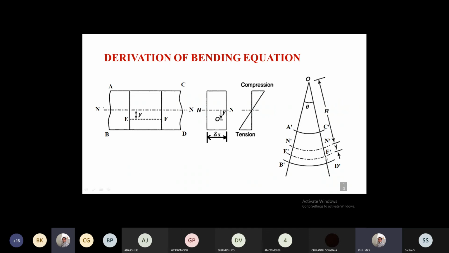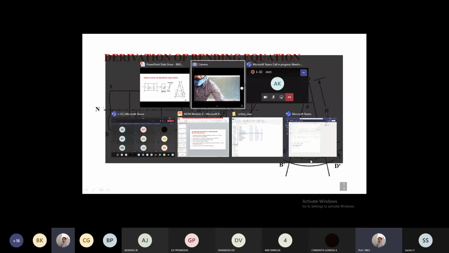To find the change in length, E dash F dash will give you the final length, whereas N dash N dash will give you the initial length. So the final length minus the initial length will give the change in length. So I am going to subtract equation 2 minus 1.